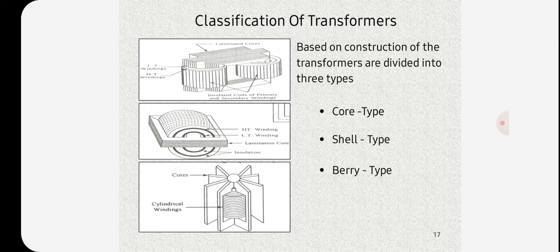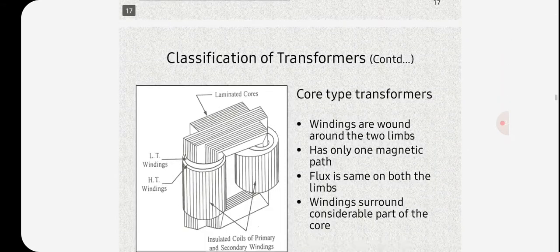Just observe in the diagram. It has the three types of diagrams. The first image is the core type, the second image is the shell type, and the third image is the berry type. We go for it in detail.